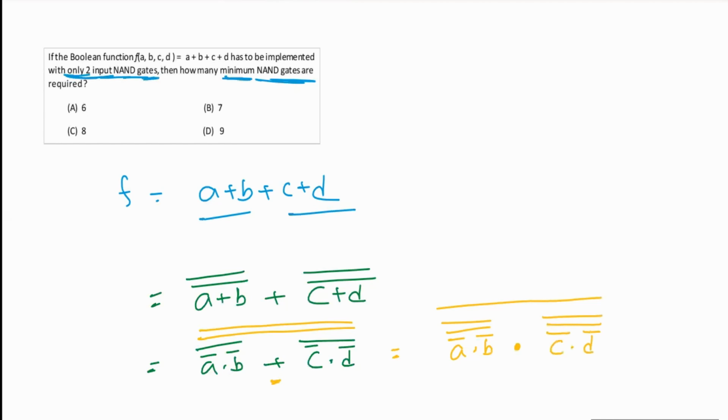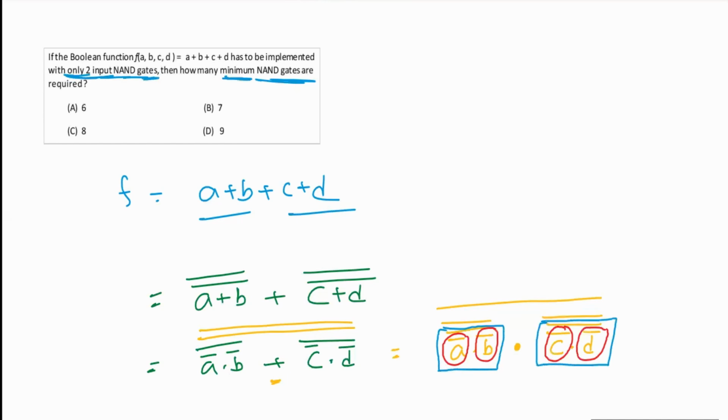You know that for representing a bar, I need one NAND gate. For b bar, I need one NAND gate. For c bar, I need one NAND gate. I need one more NAND gate for d bar. Then for representing a bar dot b bar whole bar, I need one NAND gate, and for c bar dot d bar whole bar, I need one NAND gate.